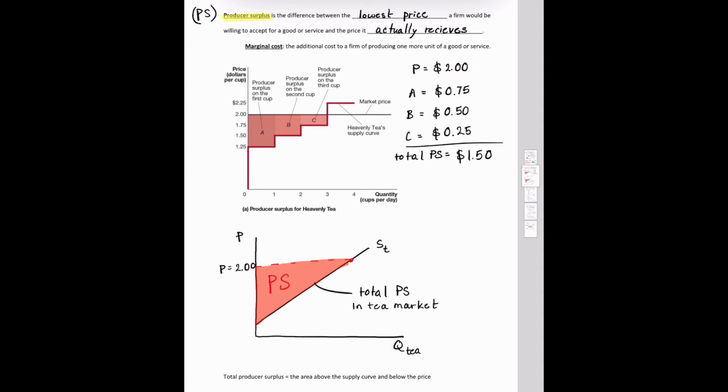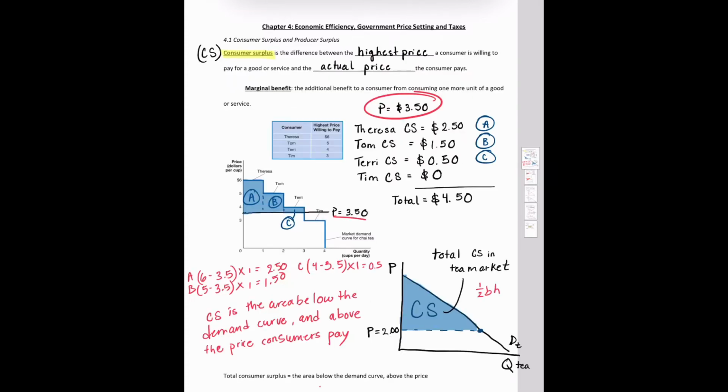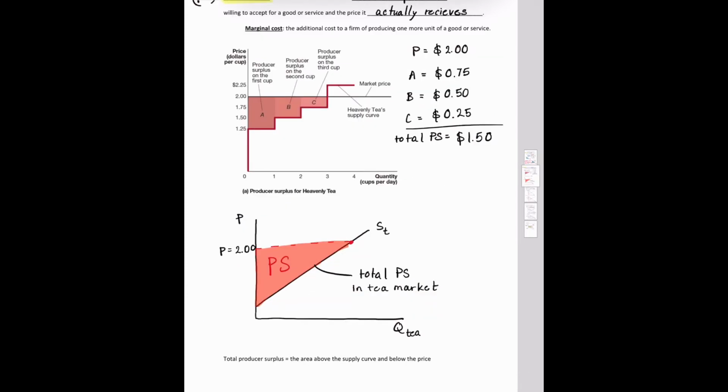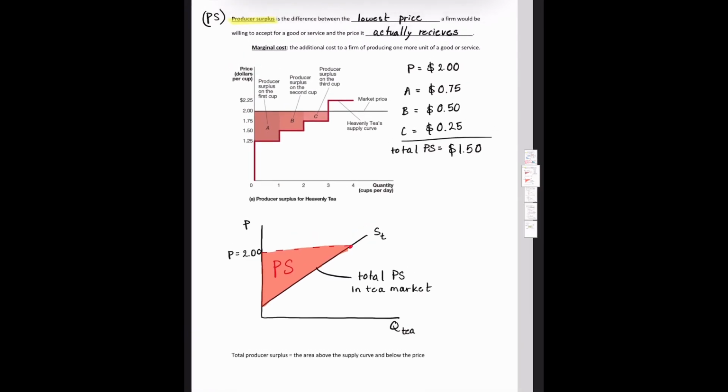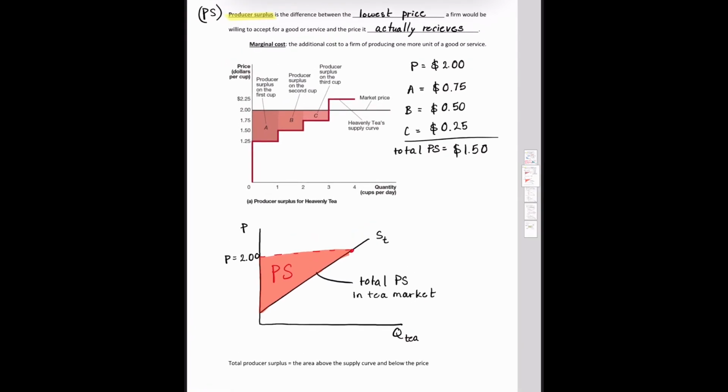If the market price is $2, which we established back here, the market price is $2 here, then how would we calculate the producer surplus of each cup of tea produced?